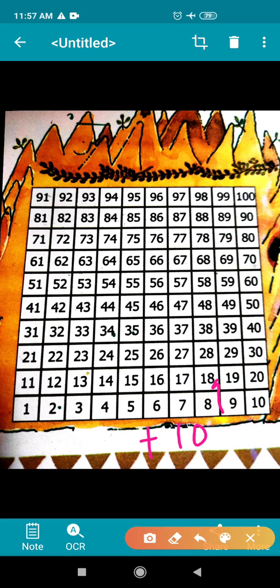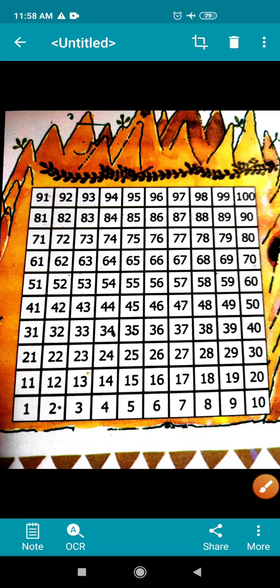When you are going from 26 to 36, we are adding 10. When we move 2 steps, then 20, 3 steps 30, 4 steps for moving up 40.